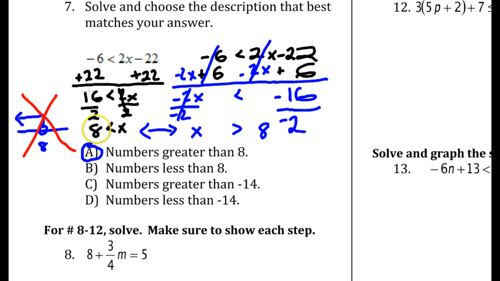So if 8 is smaller than all our answers, we don't want to make that mistake. Simply saying that graph always points the same as the inequality sign is not right. This is saying 8 is always less than all our answers, which makes all our answers bigger than 8, same as this argument here.